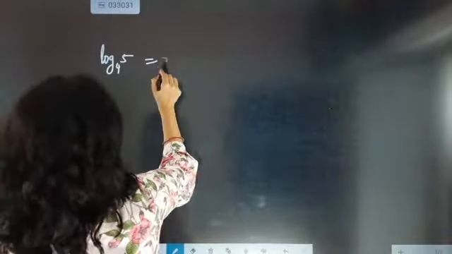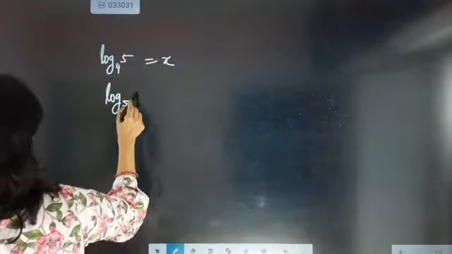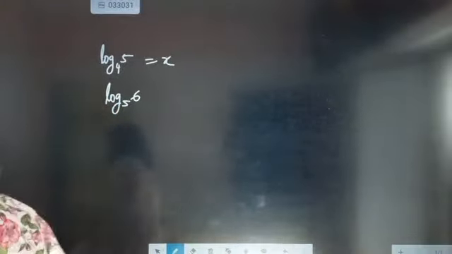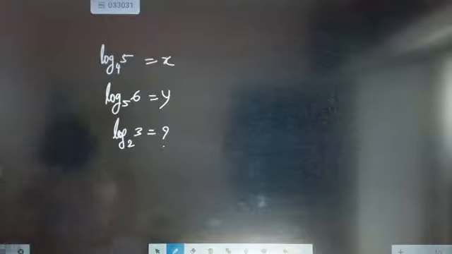Log base 4 of 5 is equal to x, given. And log base 5 of 6 is equal to y, given. Then log base 2 of 3 will be equal to what?